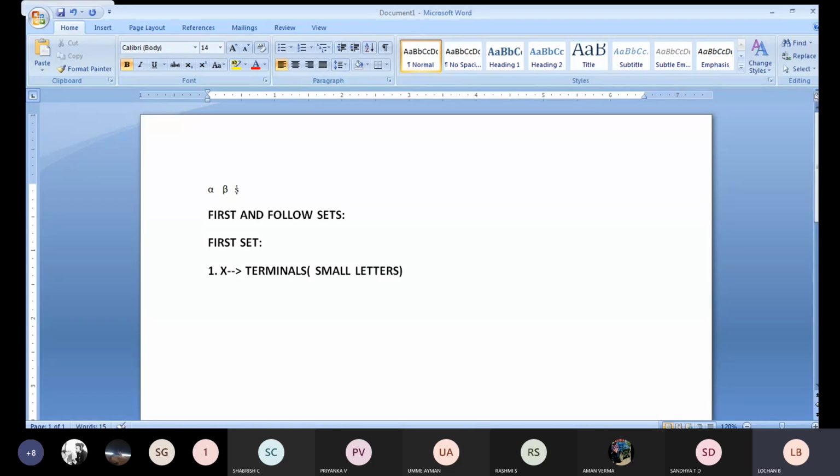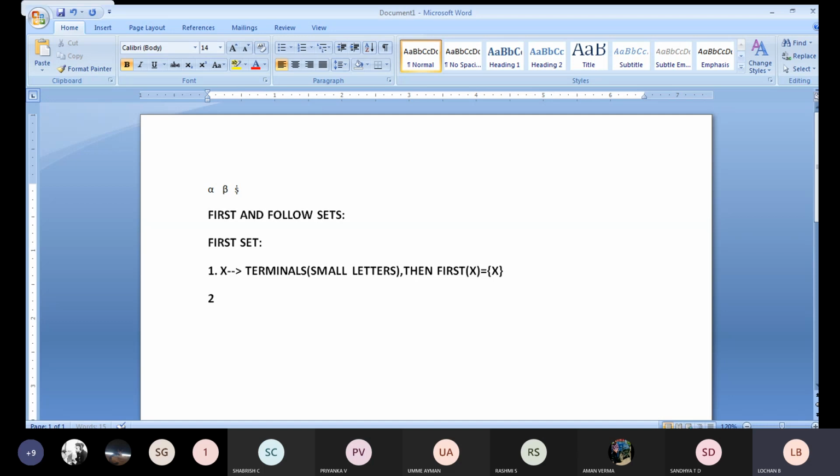If X is a terminal, that is a small letter, then first of X will be X itself. So we will be writing only the terminal parts here. If you get the terminals, I'm going to write the terminals here. If X is a terminal, if it is a small letter, directly we are going to write first of X as a small letter, whatever the terminal part you get.